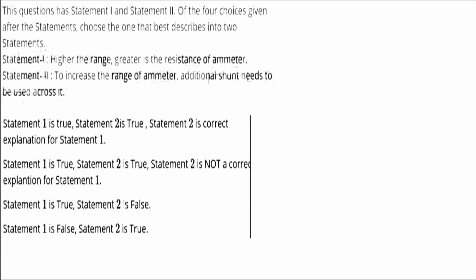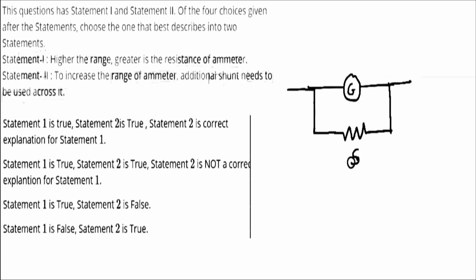We want to obtain an ammeter, and we can obtain it by connecting a galvanometer and a shunt in parallel. If we connect a galvanometer and a shunt in parallel combination, we get an ammeter.